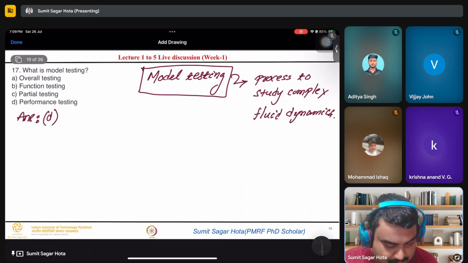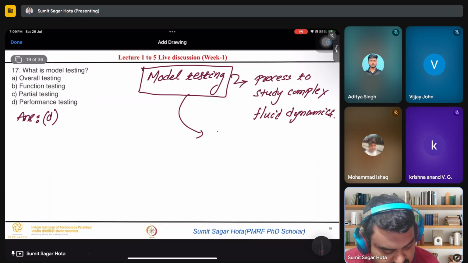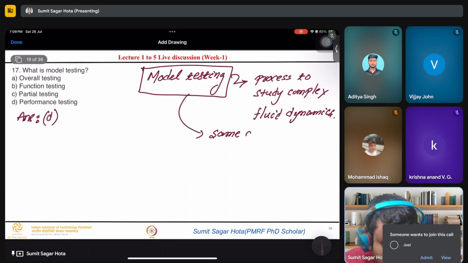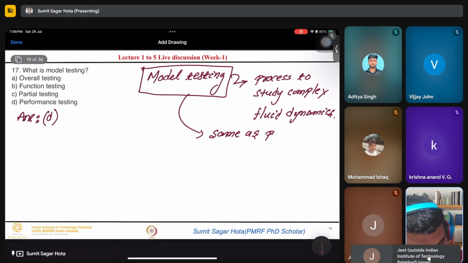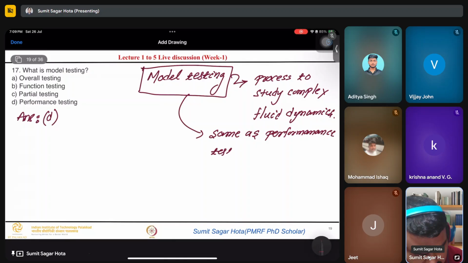This is the same as performance testing of a test model.